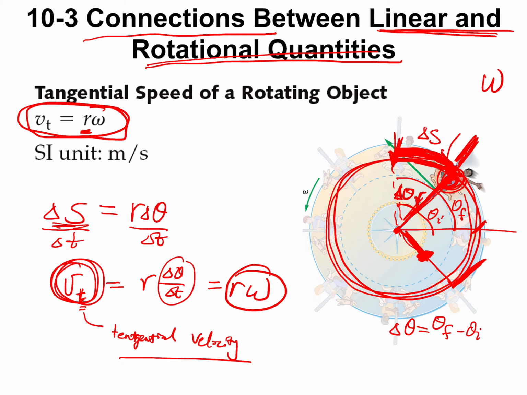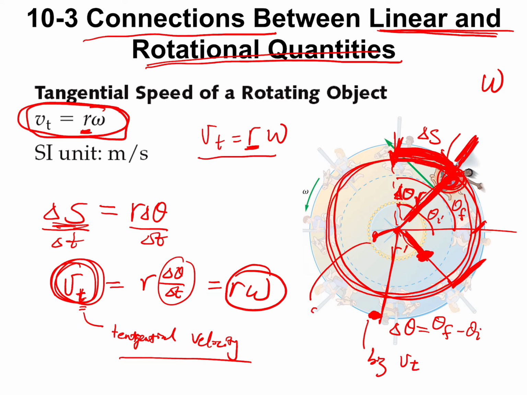This is r, that guy is r prime. Linear quantity depends on angular velocity times r. On the rim, you have a bigger linear quantity because r is bigger than somewhere very close to the axle. So this guy gets a big vT, and this guy gets a small vT.